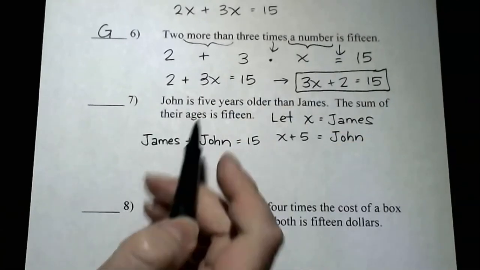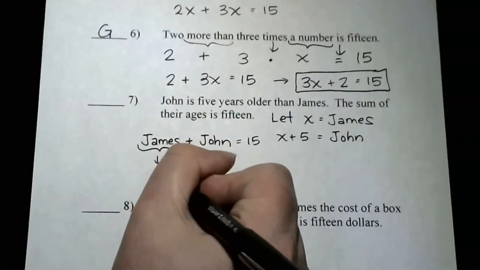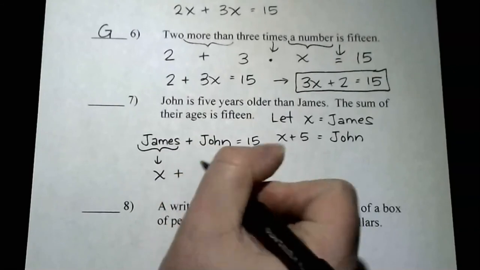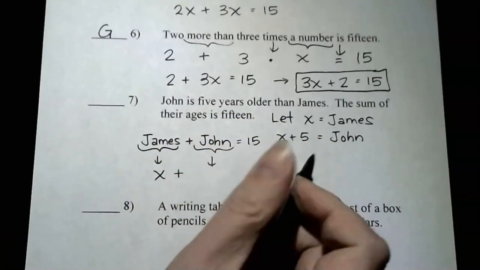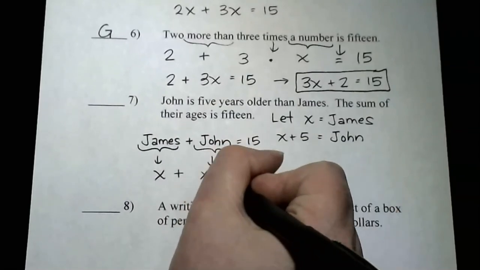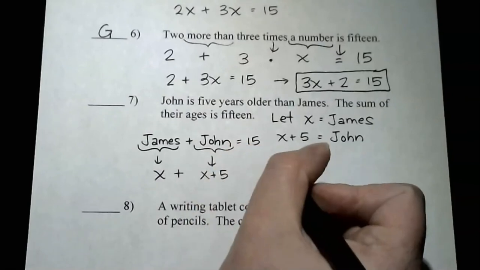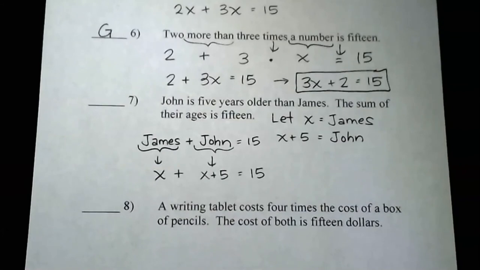Now I said that James was X. And I said that John was X plus 5. And that has to equal 15. So there's my equation.